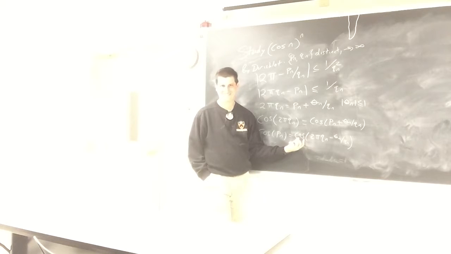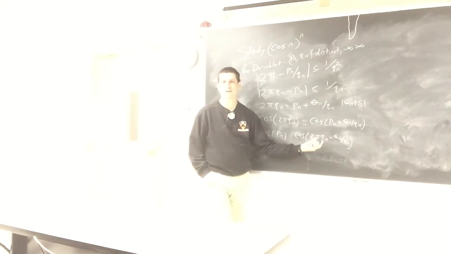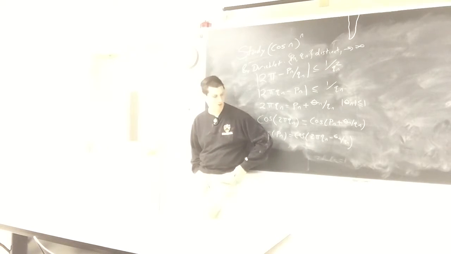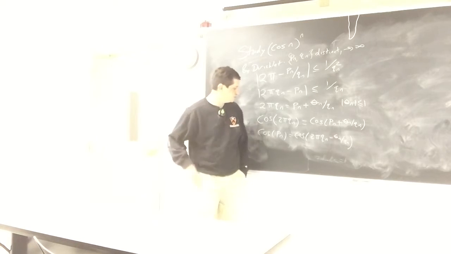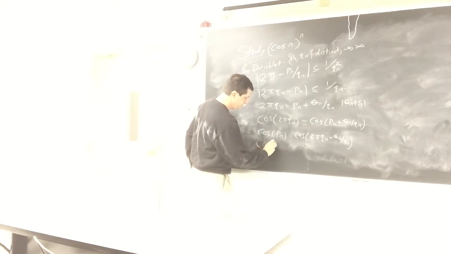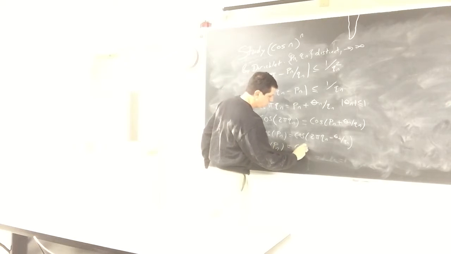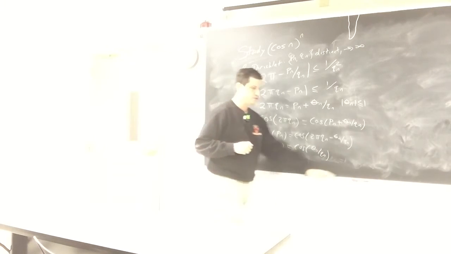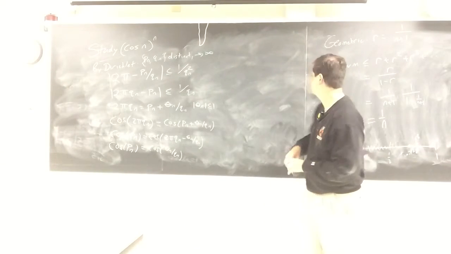And twice. I'll leave it to you to check, is it cosine minus or cosine plus? It doesn't really matter because the sine of 2 pi qn is 0. It doesn't matter for us. But you should know if it's a plus sign or minus sign. So this is just equal to the cosine of pn is the cosine of theta n over qn. And theta n over qn is really close to 0. So we now need to just get a sense of how close to 0 is it.